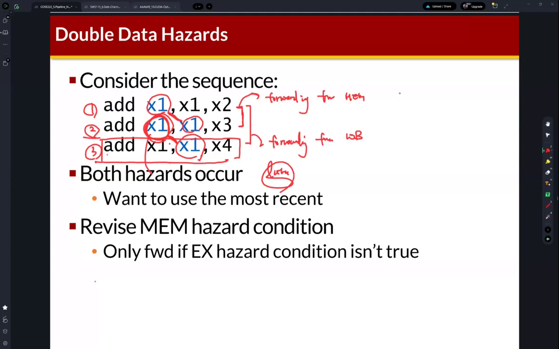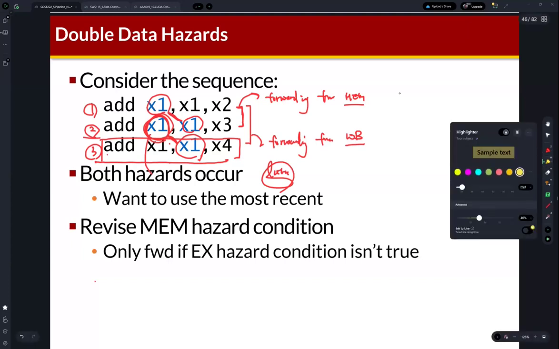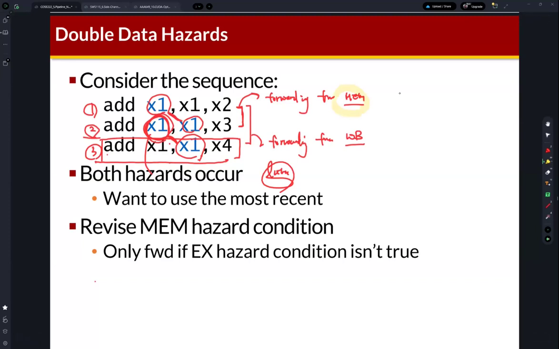So if the data forwarding from memory and the data forwarding from write back are both possible, which means the conditions are both met, then we need to select the forwarding from the second to the third add. So we need to select this one. I want to use the most recent value.